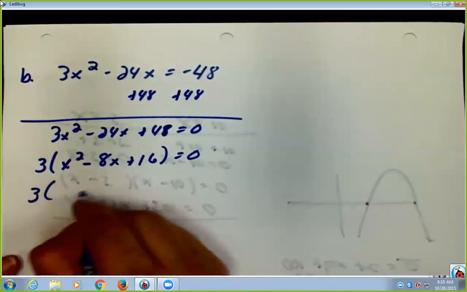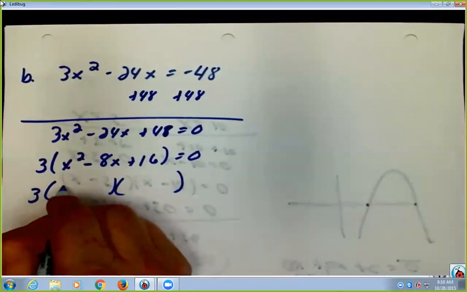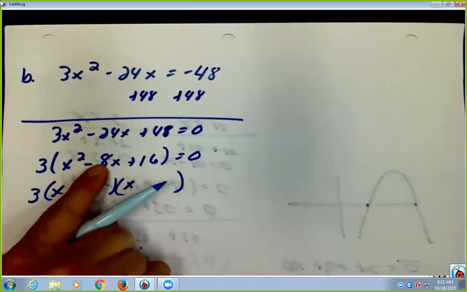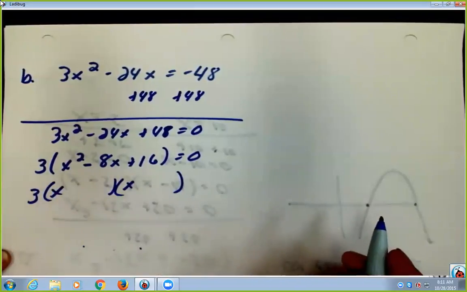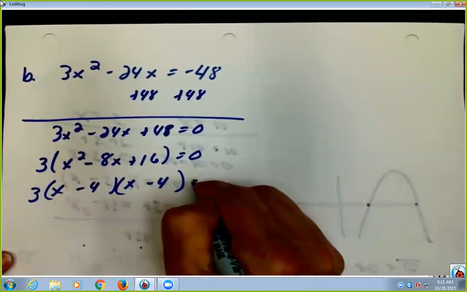Now I have 3, and then I can factor the other part. It's been a little while since we factored, so pulling back those skills is what we need to do. I've got a positive 16 on the end and I need a negative 8 in the center. So what's it going to give me for factors? It's going to be a minus 4 and a minus 4.